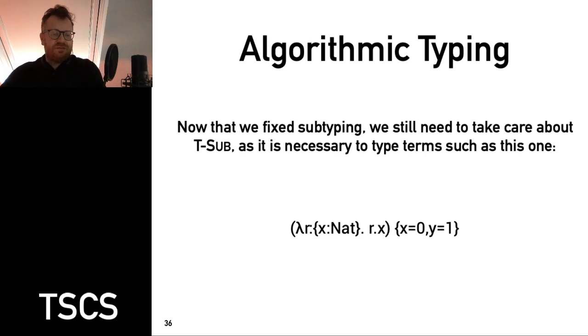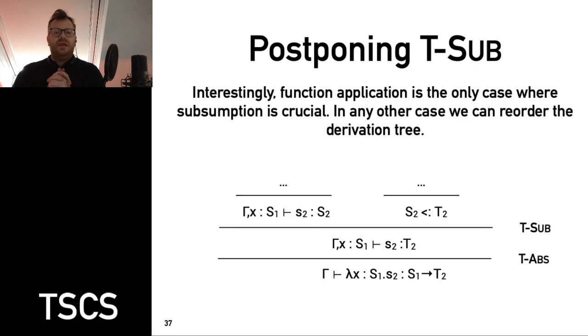We need to fix T sub, because this kind of links our two type systems, the one for the general typing that we did for function, application, and definition, to the subtyping rules. And interestingly, function application is the only case where subsumption, so the T sub rule, is actually crucial.